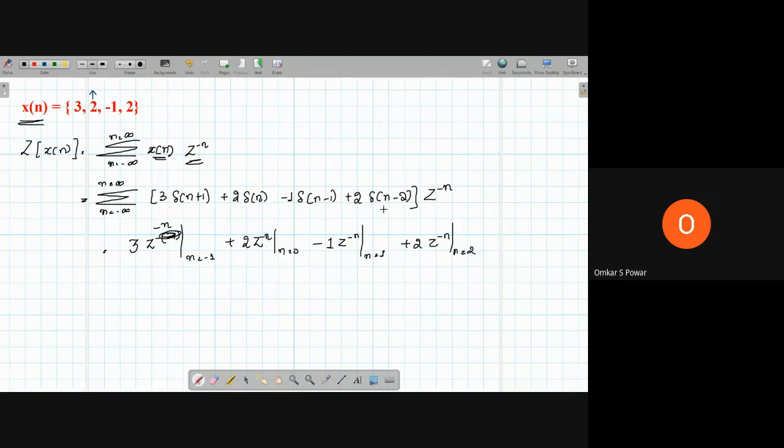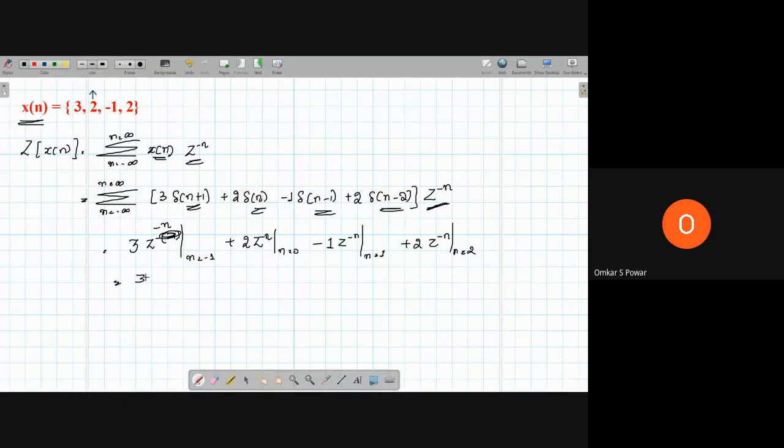This is similar to e power minus j omega del of omega; it is nothing but e power minus j omega at n is equal to this one. We have solved that one. It is a similar problem here. Instead of e power minus j omega, we are replacing it with z to the power of minus n. That's it. Now we will simplify this.